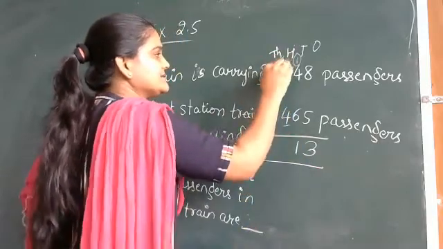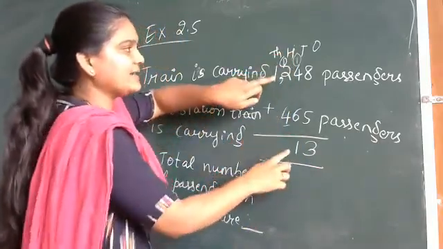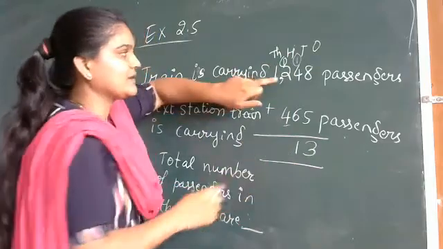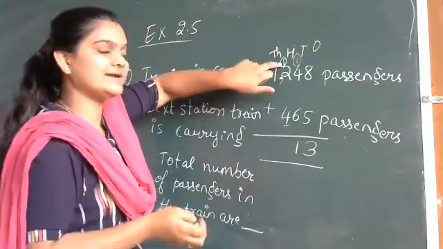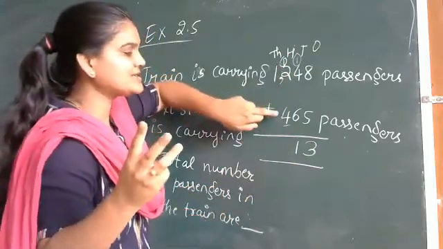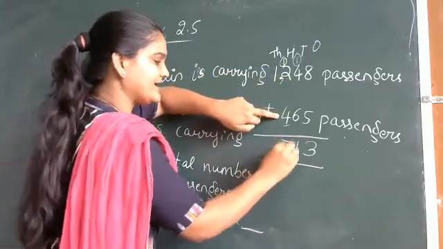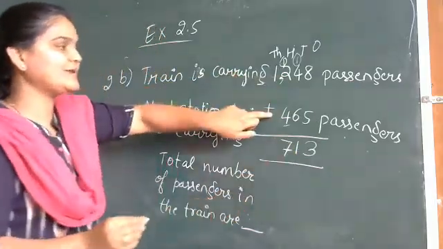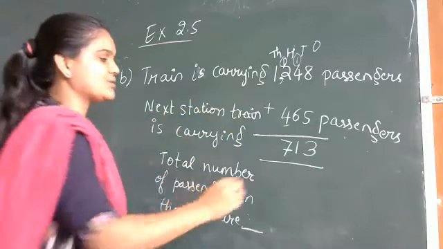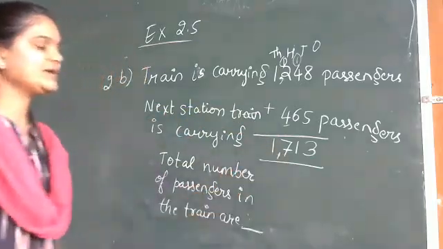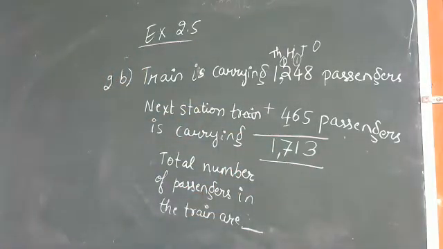Yes, so it is 100 and 1 ten. 200 plus 100 is 300, plus 400 is 700. And 1 plus nothing means it is 1000. So totally it is carrying 1713 passengers in the train.